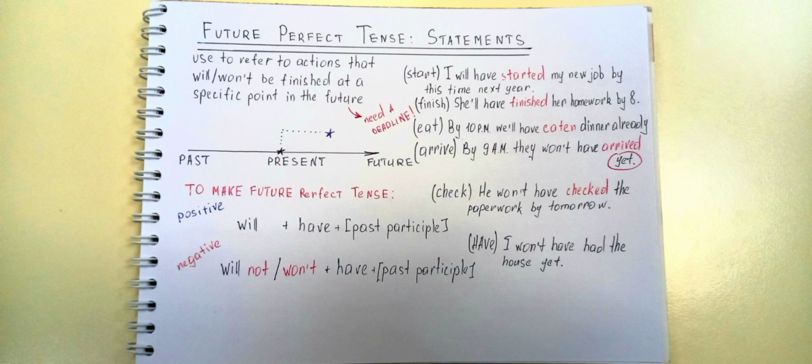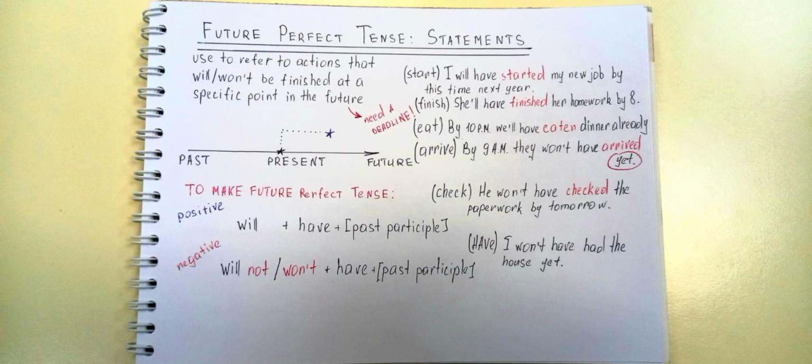Let's look at this first one. I will have something, my new job, by this time next year. So by shows us our deadline. In this case, by this time next year, this is our point in the future.